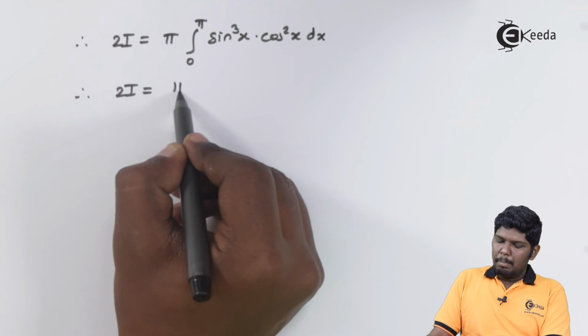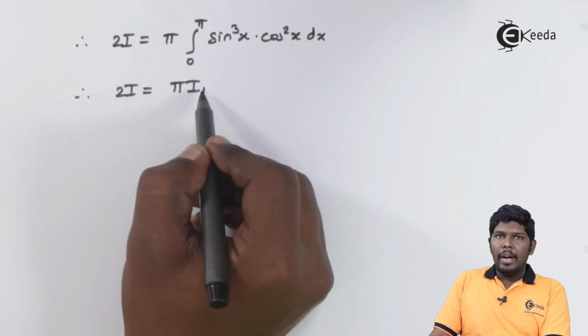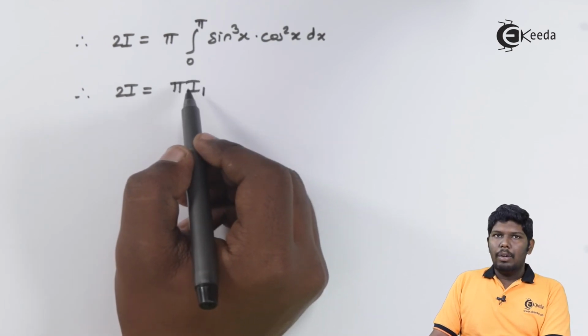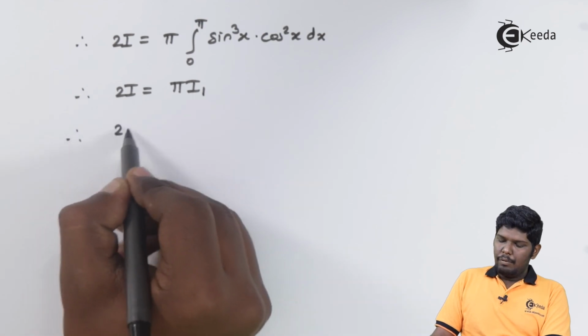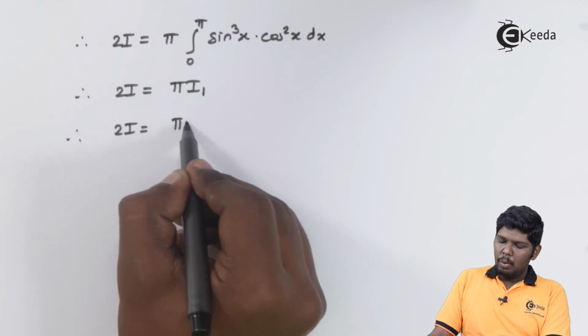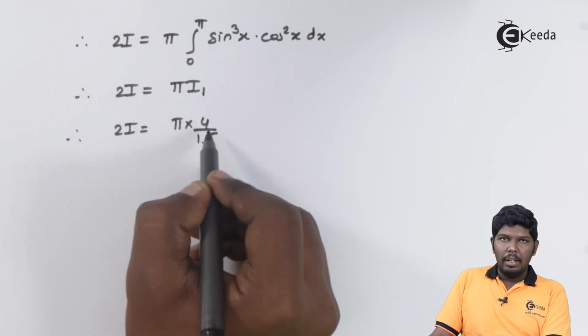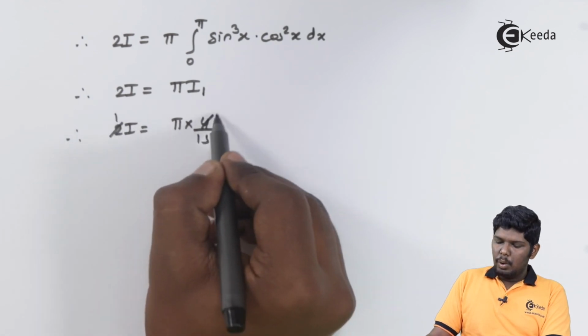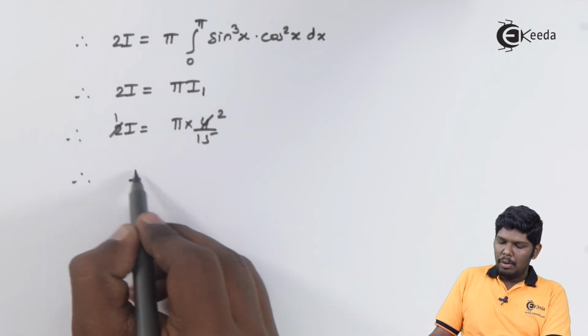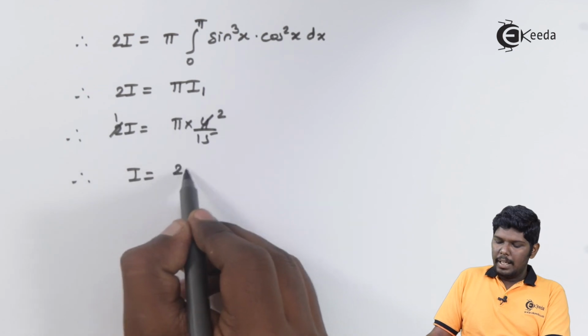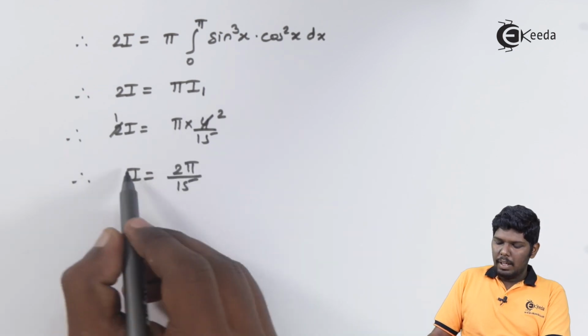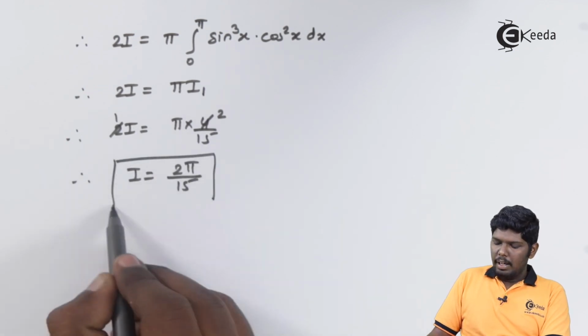So 2i becomes pi times I1, and the value of I1 is 4 upon 15. Therefore 2i will give you pi into 4 upon 15. Here we have 2 ones are, 2 twos are. Therefore the value of I will be 2 pi upon 15. This is our final answer.